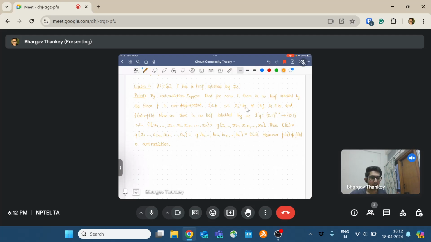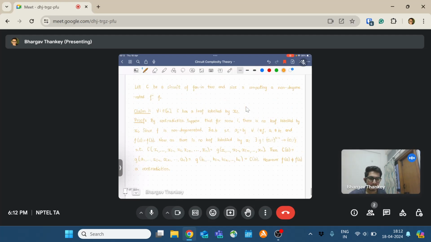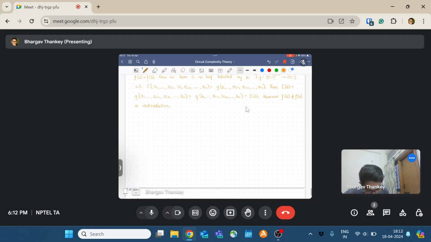So now we know that our circuit C must have at least n leaves.